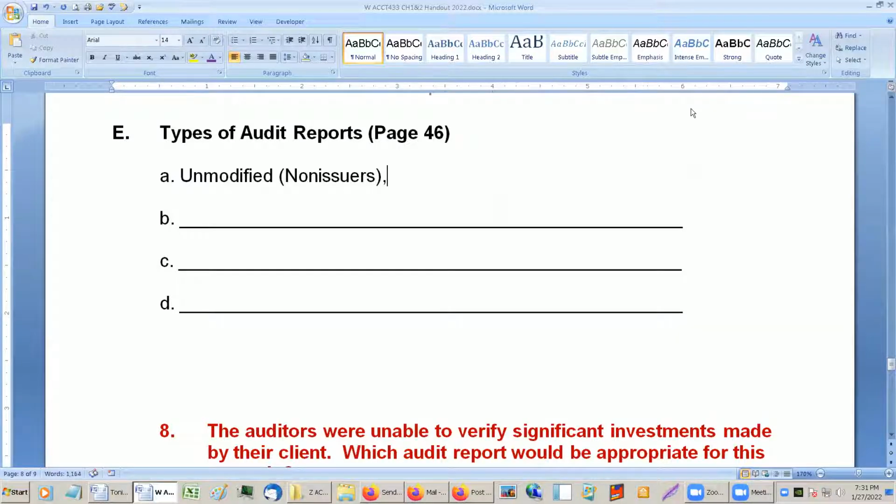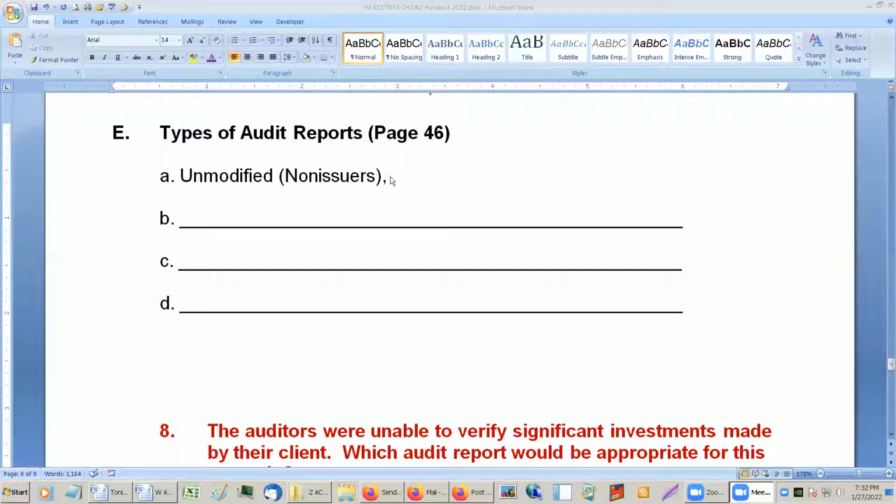And by the way, the terms non-issuers and issuers are kind of weird terms. I've only ever seen them used in auditing circles. Issuers are required to issue financial statements by the Securities and Exchange Commission. Non-issuers are not required.